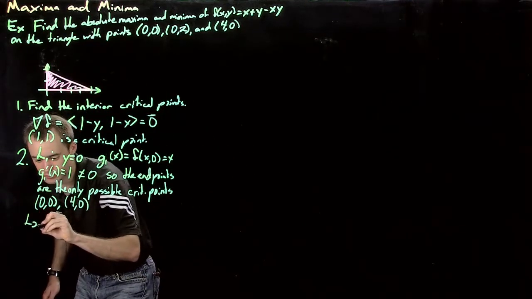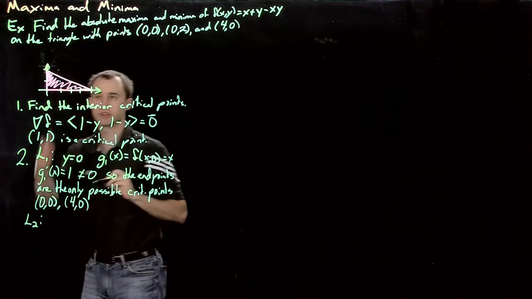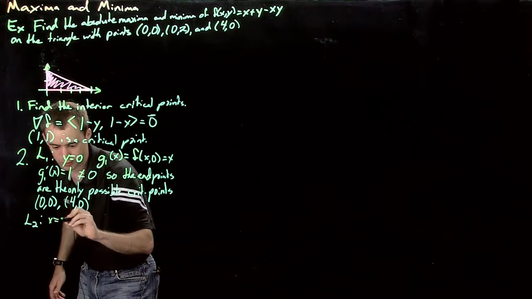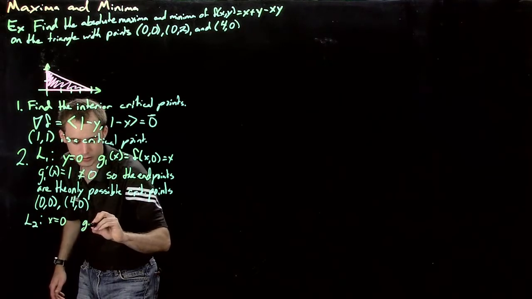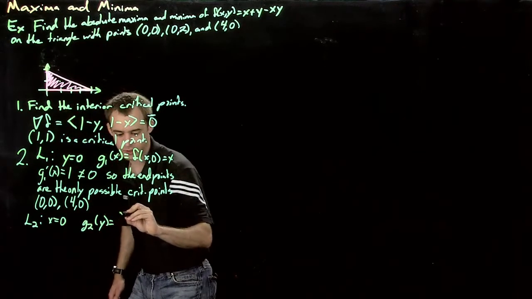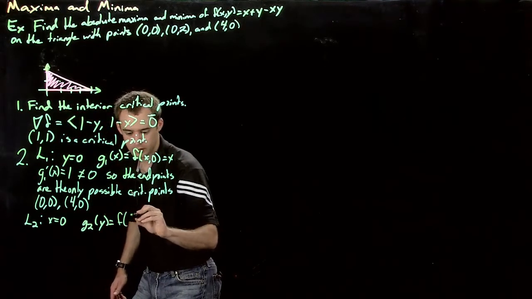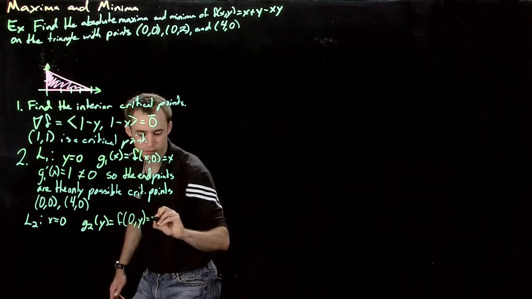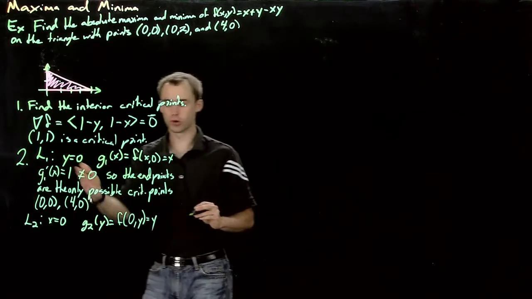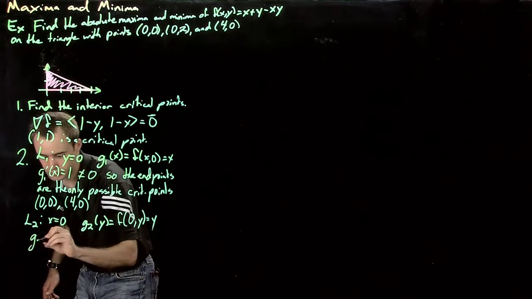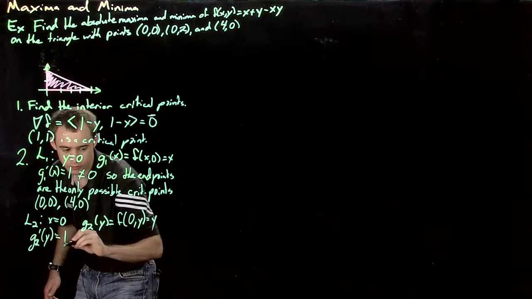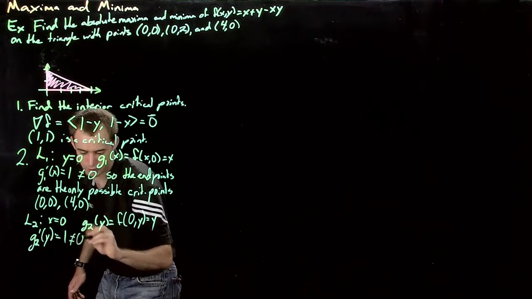Line 2, I'm going to take that to be the vertical line, the x = 0 line. And here I'm similarly going to define a g2(y), which is going to be f(0, y), which is just y. So now we do the same process. g2 prime of y is equal to 1, which is never equal to 0.